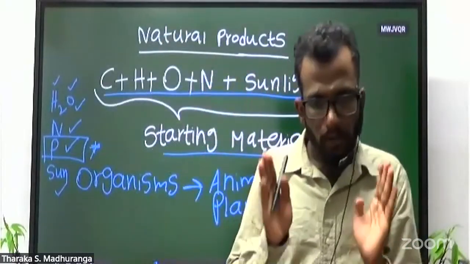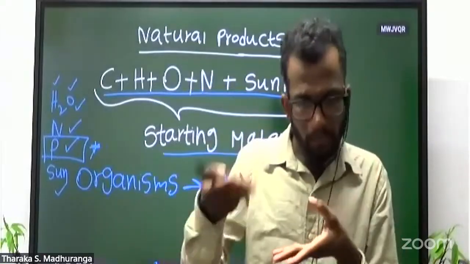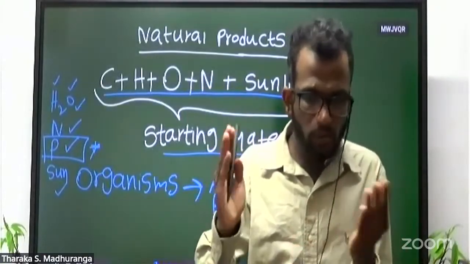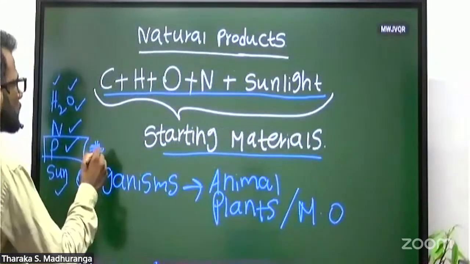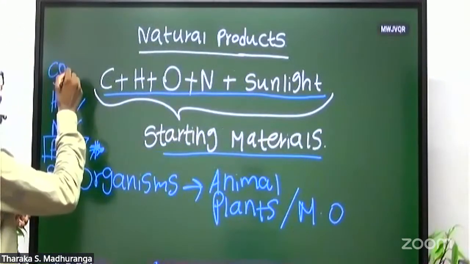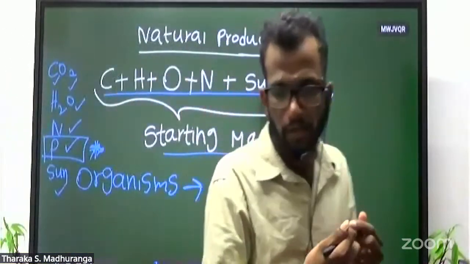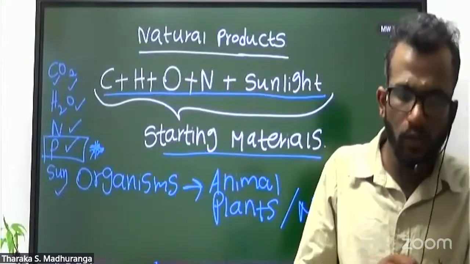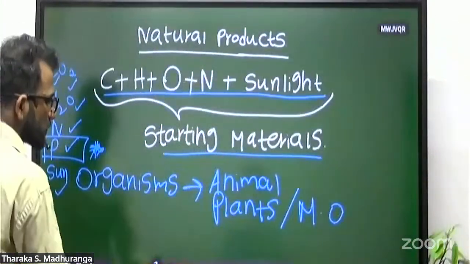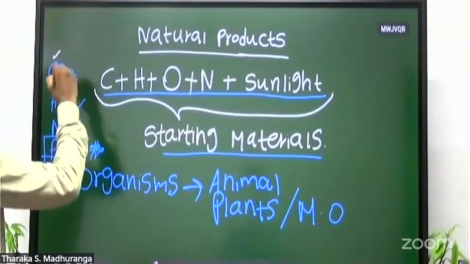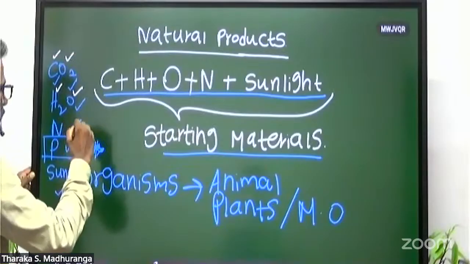The better definition is this. The one given in the tute is also correct, but if phosphorus is not in your answer, that's okay, phosphorus is not compulsory, others are compulsory. You can see carbon dioxide, carbon and oxygen, hydrogen and oxygen, nitrogen, and sunlight.